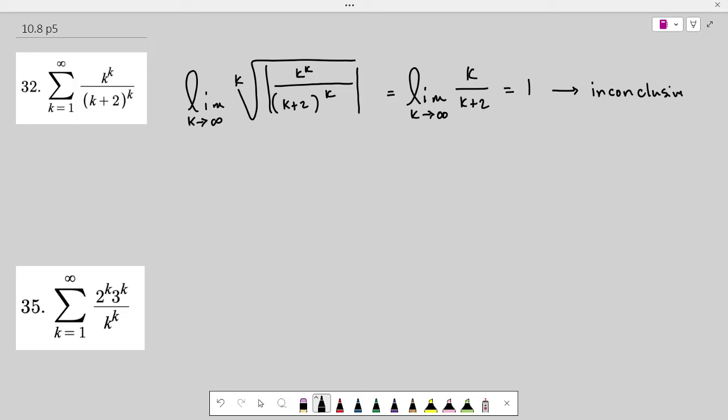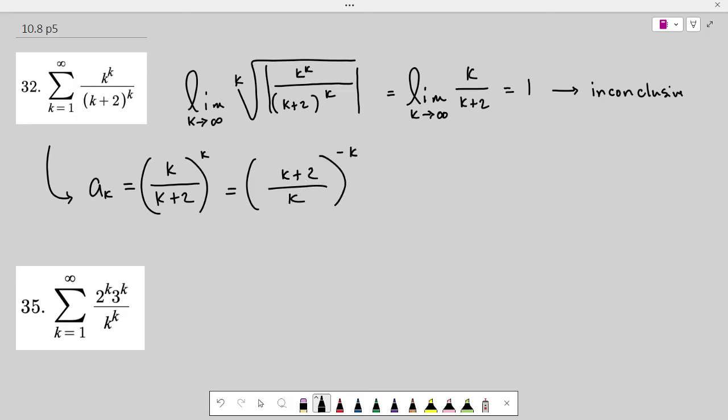Okay, let's think about this more carefully then. How about we look at a sub k? Let's rewrite a sub k. Can't we rewrite this as that?